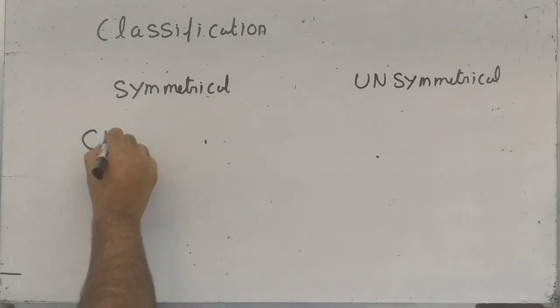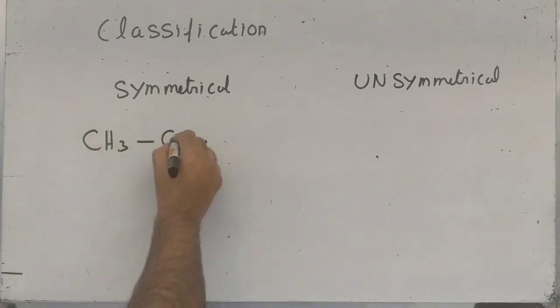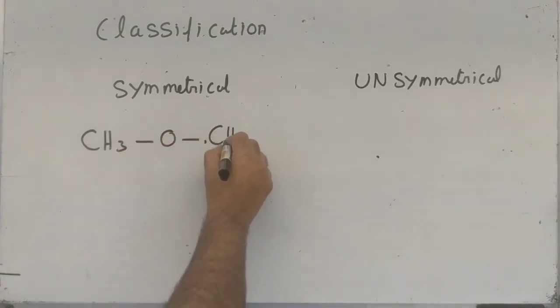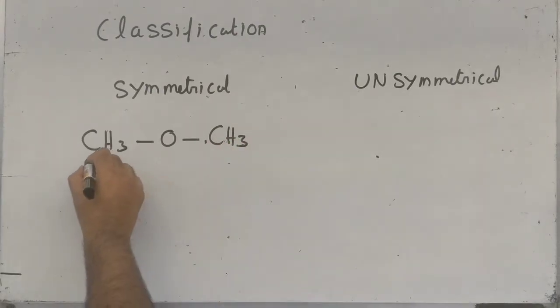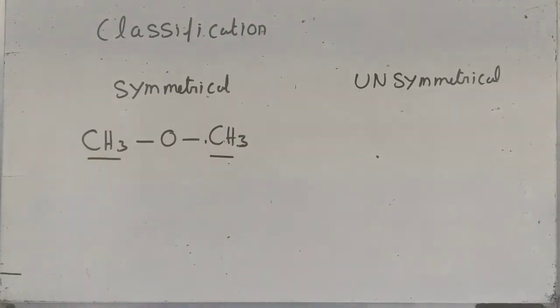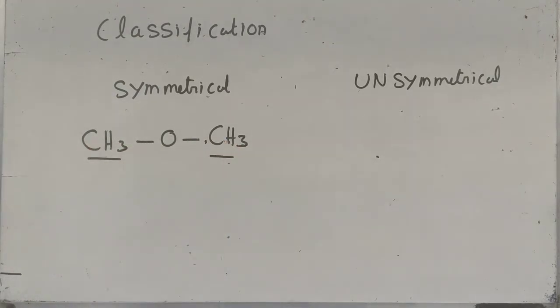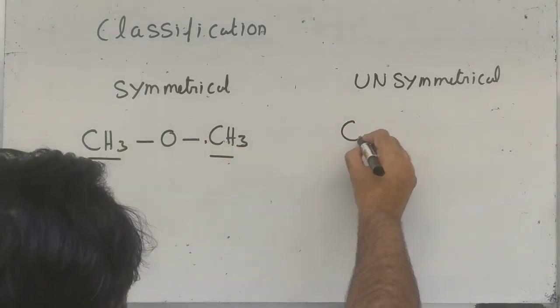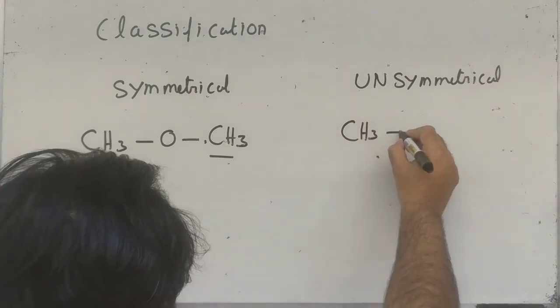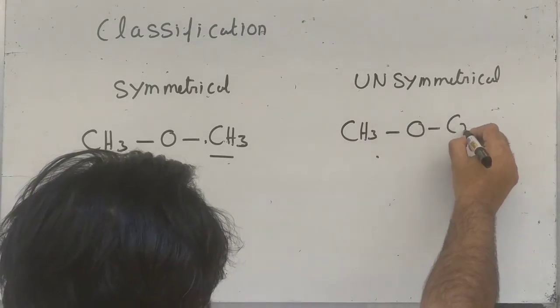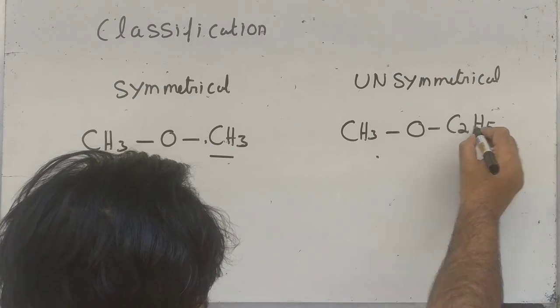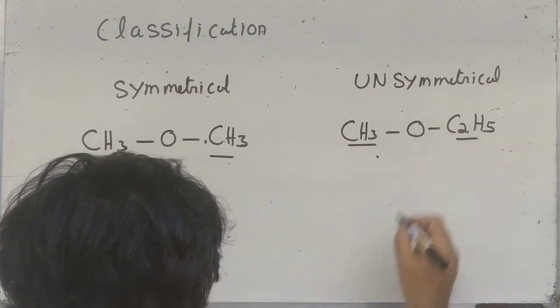This is an example of a symmetrical ether. Any guesses why it is a symmetrical ether? As both the R groups are the same. So if the two R groups are similar, they are called symmetrical. Unsymmetrical, like CH3 and C2H5. This is an unsymmetrical ether. The R groups are different.